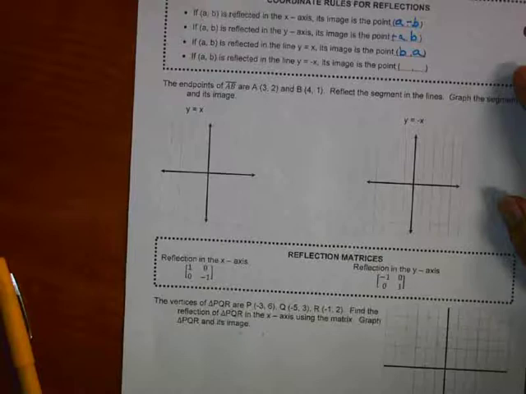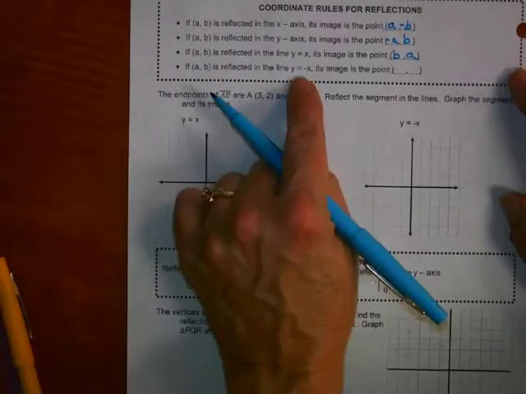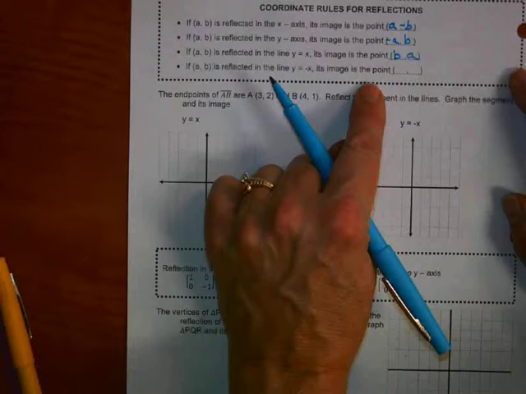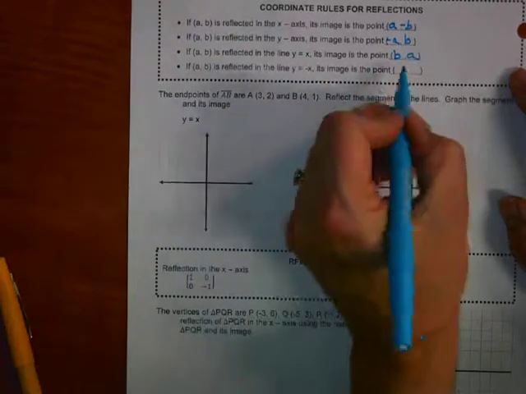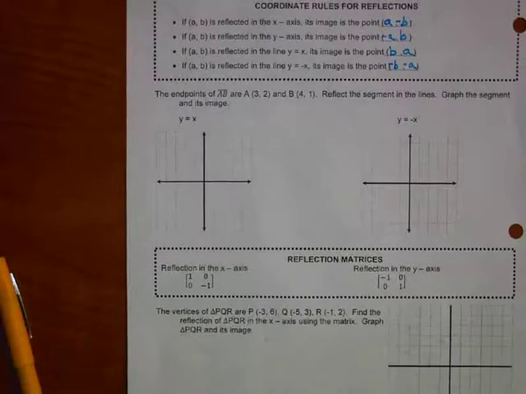They flip-flop. And then, if it's reflected in y equals negative x, the image is the point what? Remember? They flip-flop and they do what? Negative. Yeah, they go to opposite. So those are just some rules to kind of keep in mind while you're doing these reflections. All right.